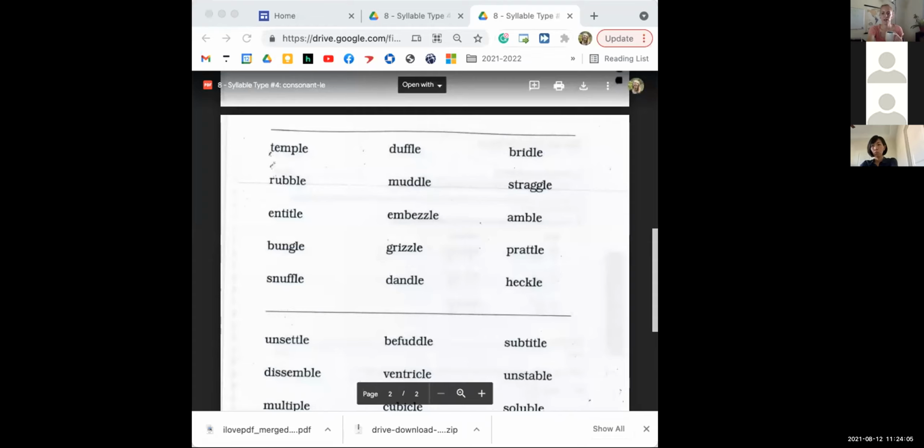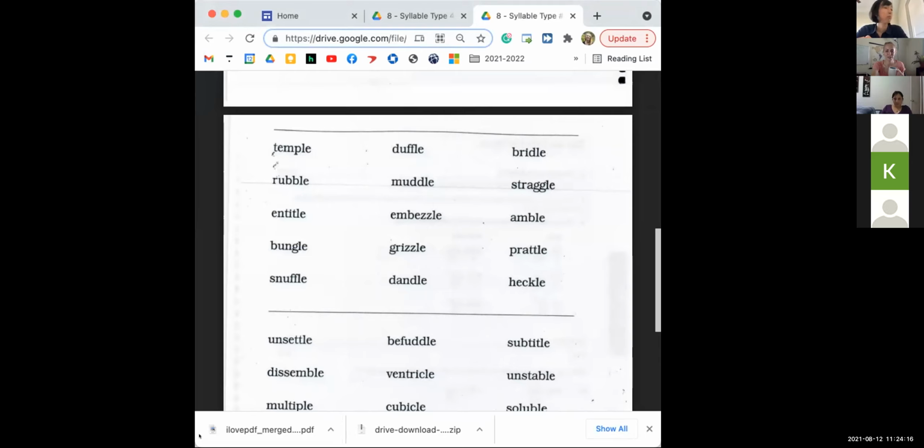Now, as I visited all of the different groups, everybody did a great job with this final ending, this new syllable type 4 that we always see at the end of the word, this consonant-LE. In the consonant-LE, that E is again silent, and those two consonants, the L and the other consonant, blend together.